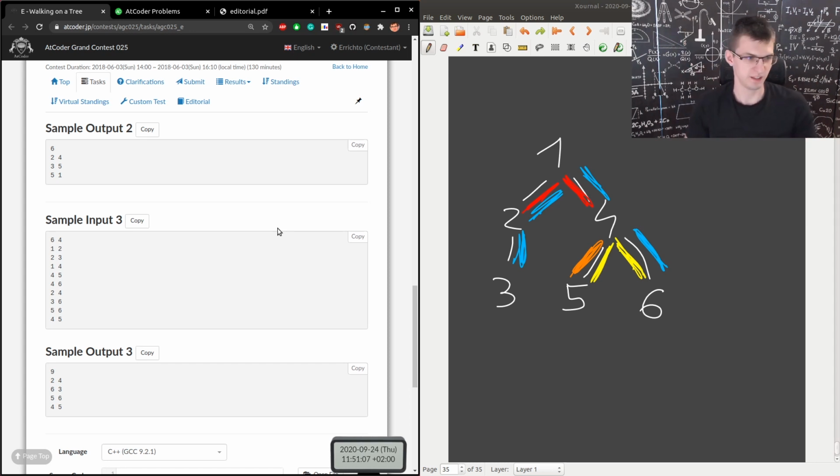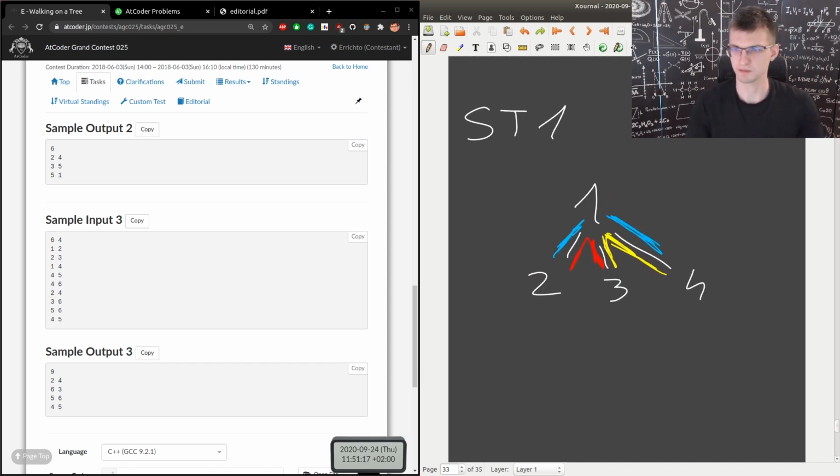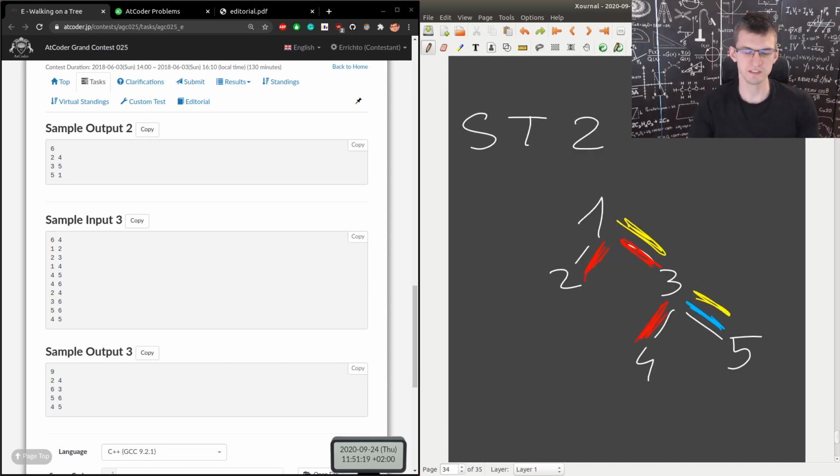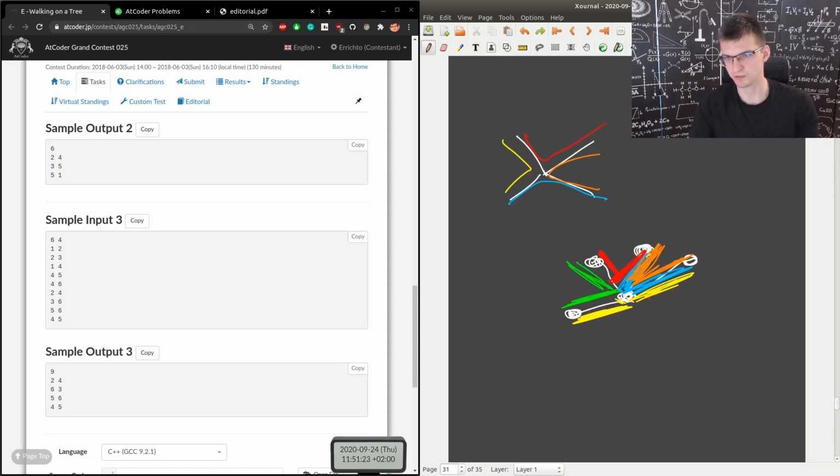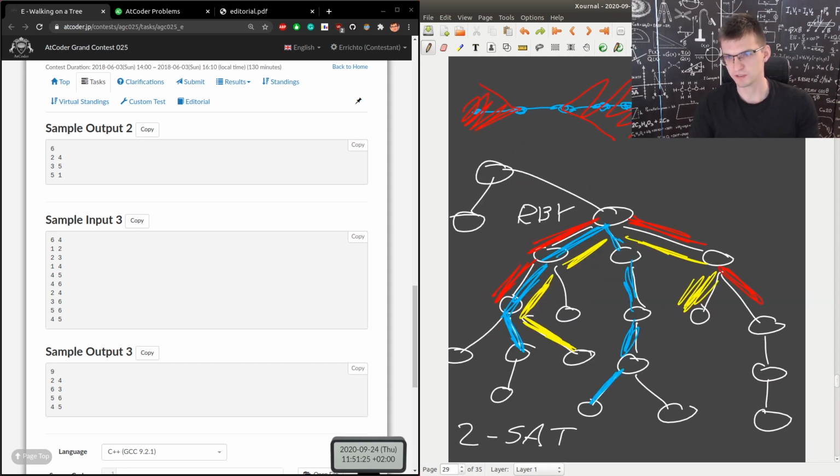Okay, then yes, it's 2sat. Because just we look at this thing and we say, oh, sometimes, so maybe it's easy, it's trivial to compute the first number, but it's not trivial to compute the other thing. What happens here if we have red, blue, and yellow, and I need to say, what do I need to say?